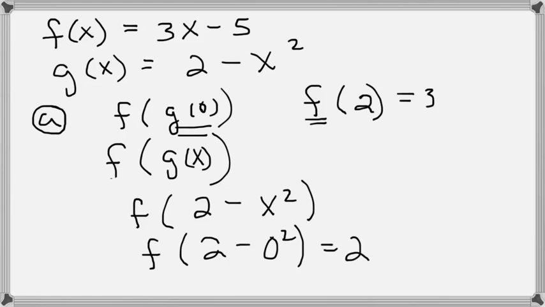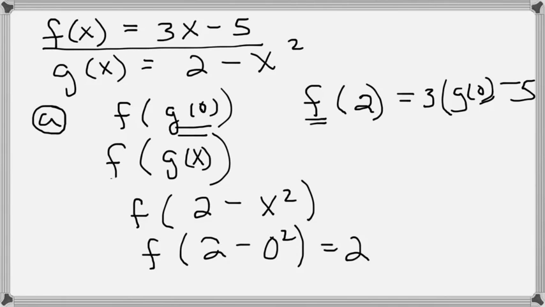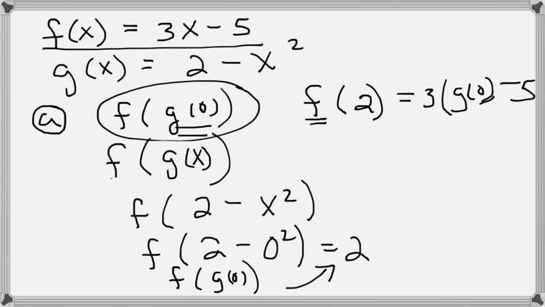So you're saying 3, and then you're putting g of 0 here, the value that you got, minus 5. Notice that I'm putting that into this x function. I'm actually putting the value that I got for f of g of 0. When I got 2, that's the same thing as this.